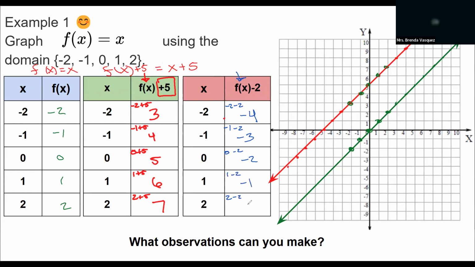And I have 2 minus 2, 0. So let's graph these points. At -2, it is -4. At -1, it is now -3. At 0, it's -2. At 1, it's -1. At 2, it's 0.